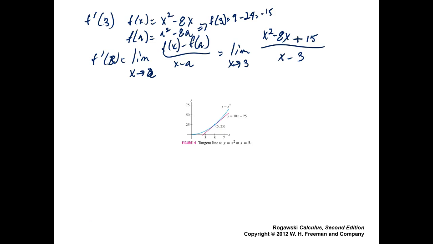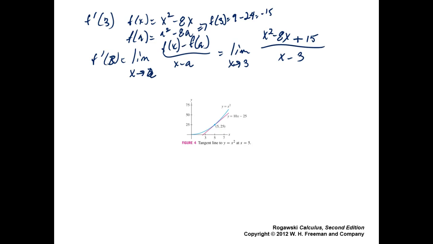The formal definition is alpha of x minus alpha of a over x minus a. We're wanting to know as a is 3. So you plug in the 3 there, the limit of alpha of x minus alpha of 3 over x minus 3. What would you suggest doing next?